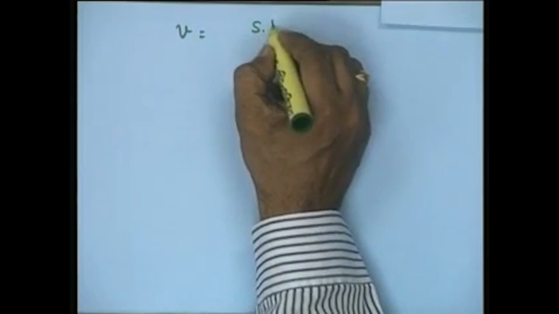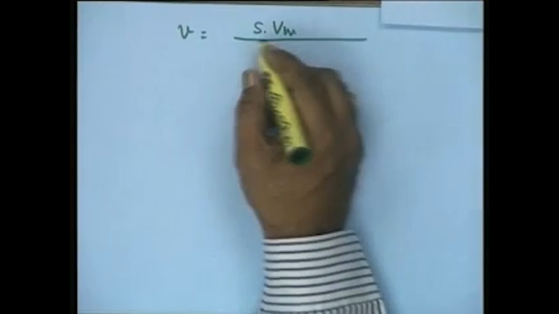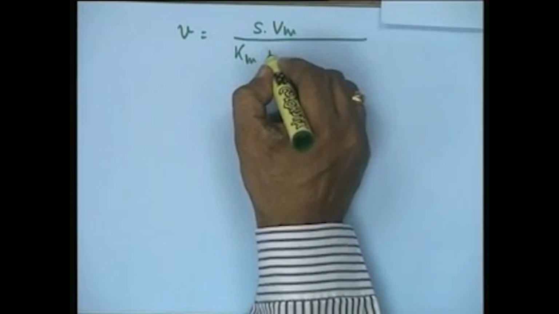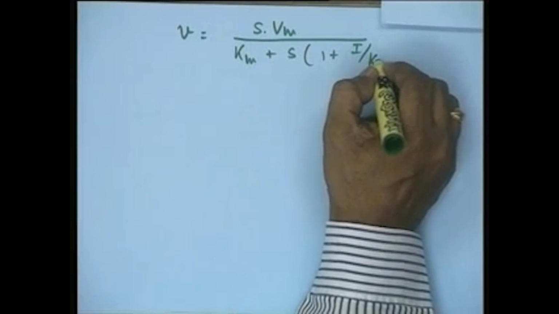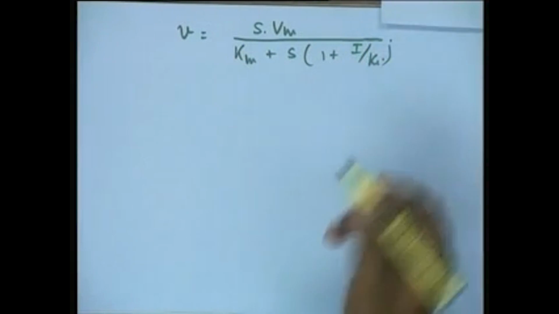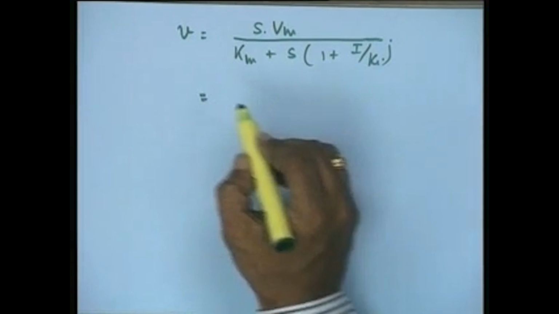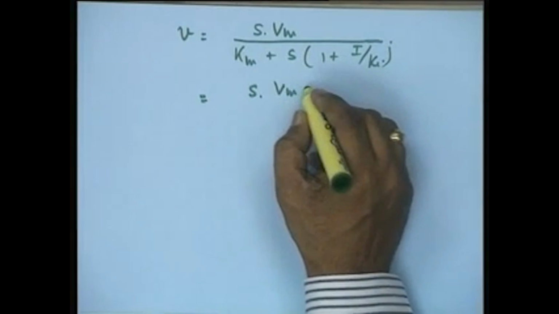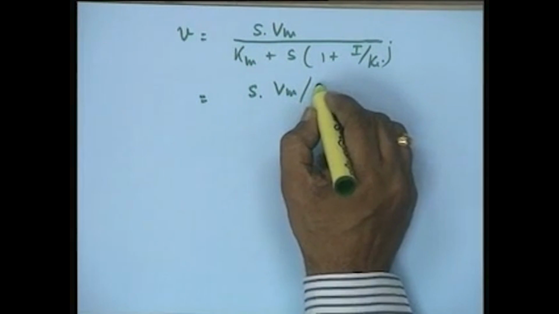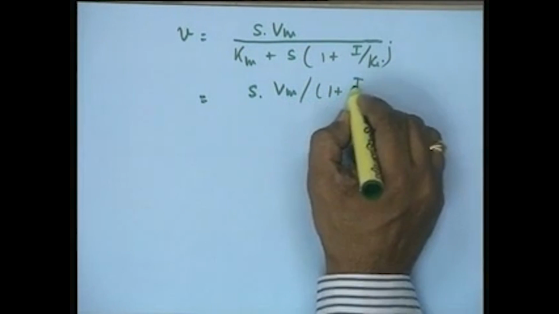Now, in the case of uncompetitive inhibition, the reaction velocity can be written as S into Vm upon Km plus S times (1 plus I over Ki). Again, to bring it into the same format as the Michaelis-Menten equation, we divide both numerator and denominator by (1 plus I over Ki).